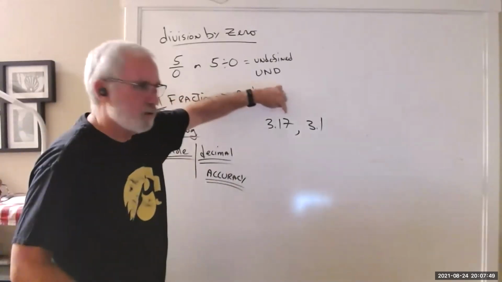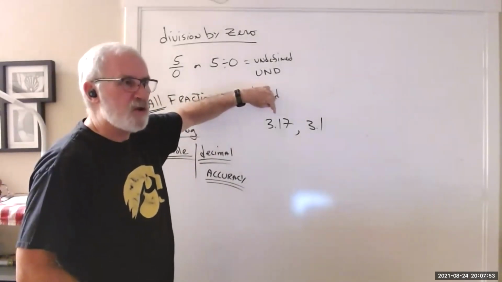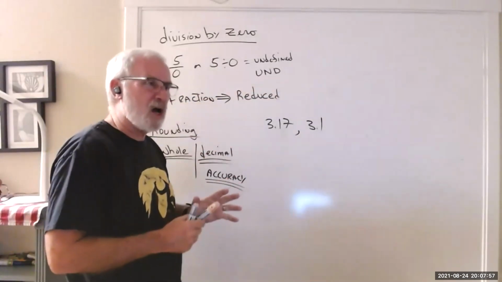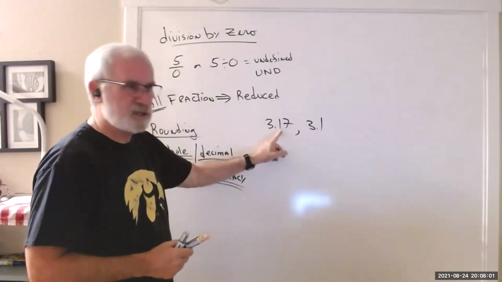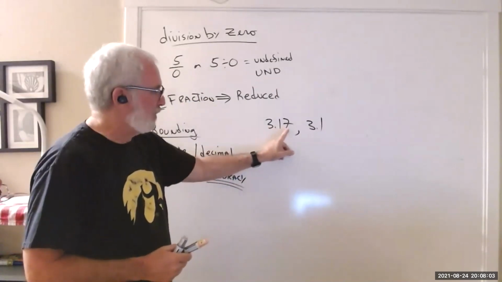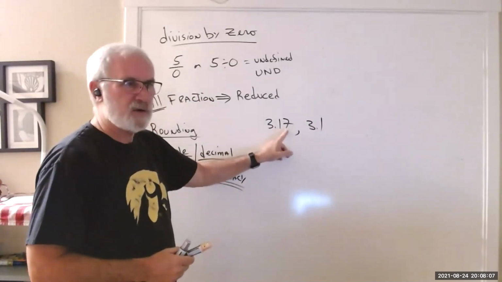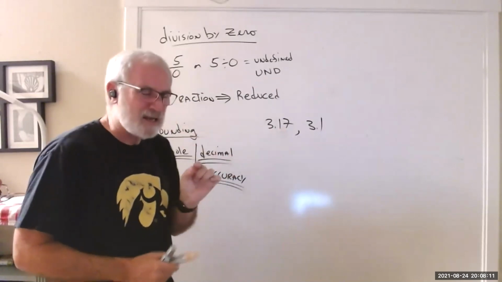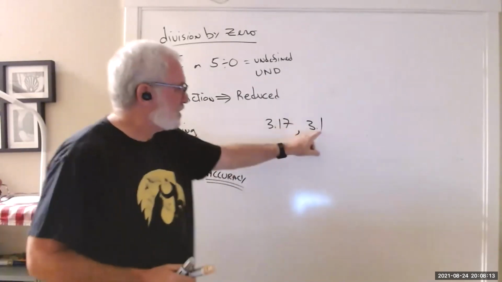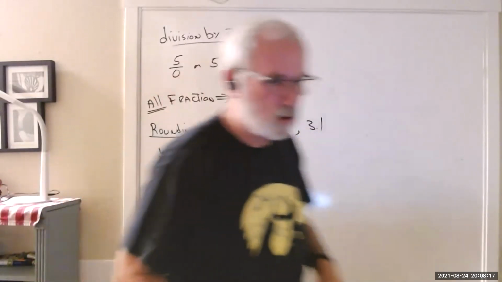Well, this one is. Because you're saying I went out to the 100th of an inch. I was accurate to the 100th of an inch. Because remember your place value. The first decimal is tenths, then that's hundredths. So this is 17 hundredths. I was accurate to hundredths of an inch. Hundredths is tiny. Okay, but this is only accurate to tenths of an inch.